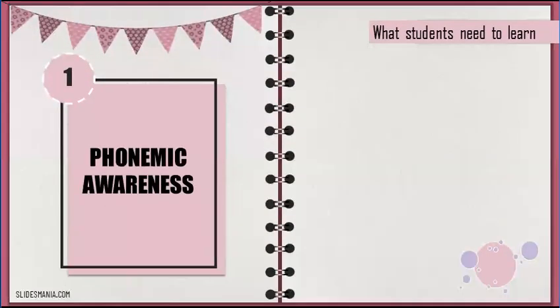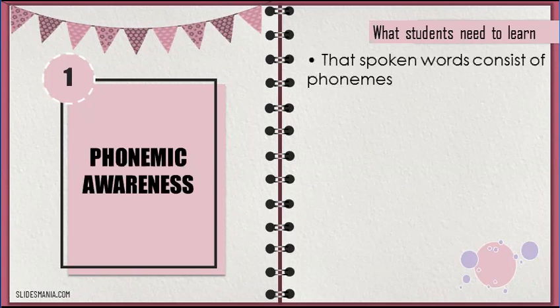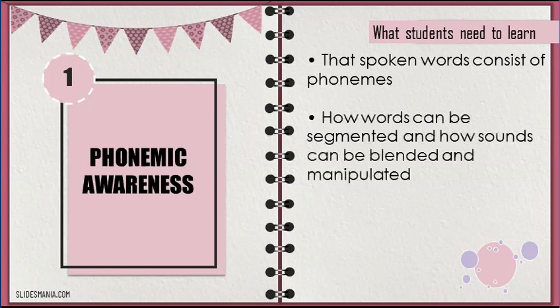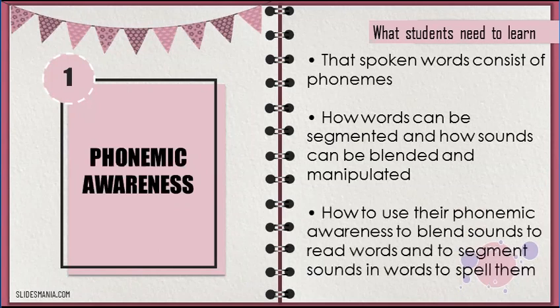So we need to know what students have to learn in order for them to gradually learn how to read. They should learn that spoken words consist of individual sounds or phonemes, how words can be segmented or pulled apart into sounds, and how these sounds can be blended or put back together, and manipulated or added, deleted, and substituted, and also how to use their phonemic awareness to blend sounds to read words and to segment sounds in words to spell them.